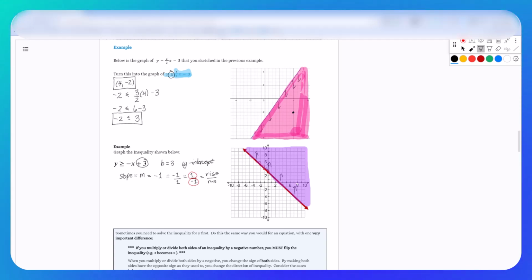So the negative x plus 3 is this line right here, and that's our boundary. And the greater than or equal to is the shaded region above the line, and this area here is the solution region or set.